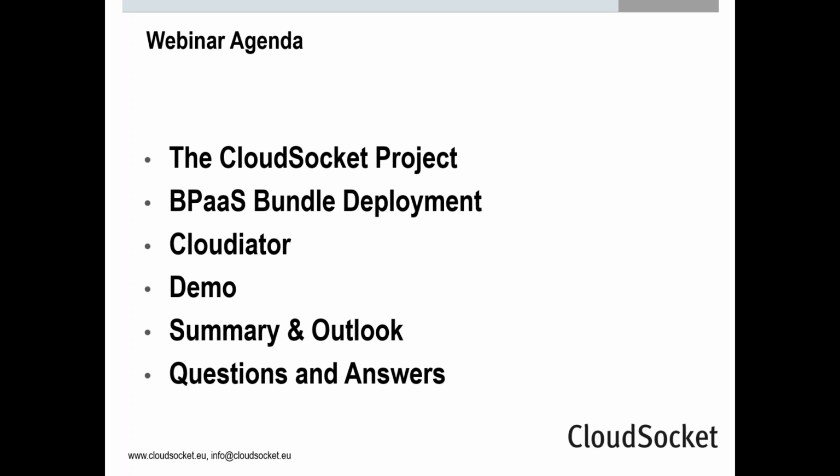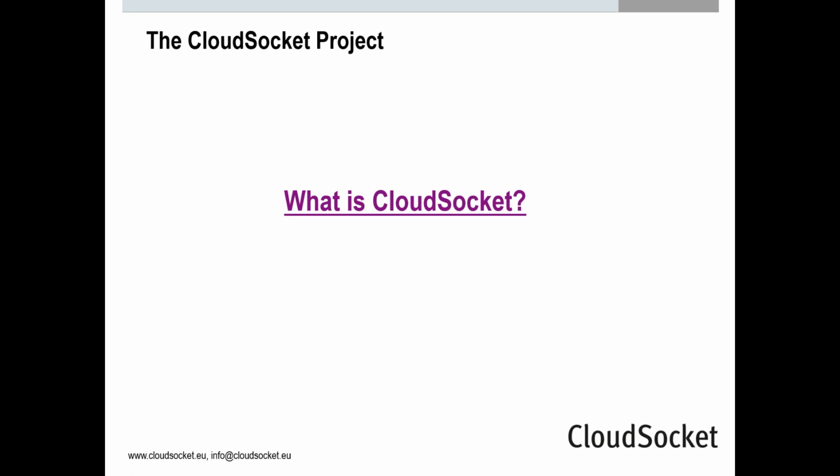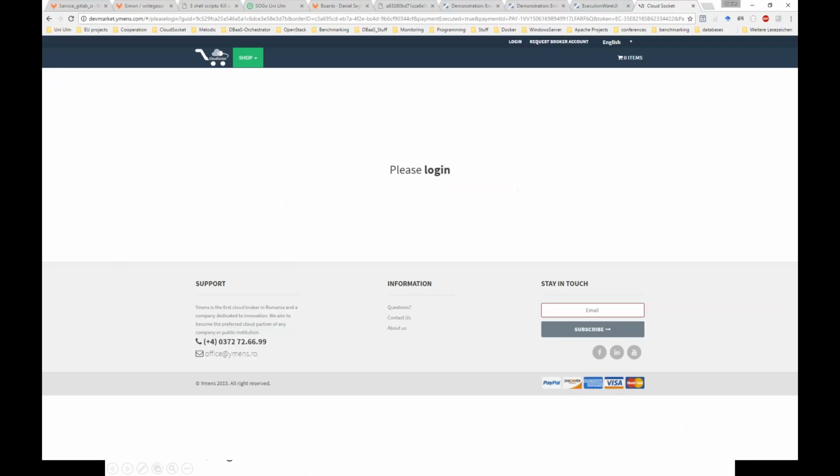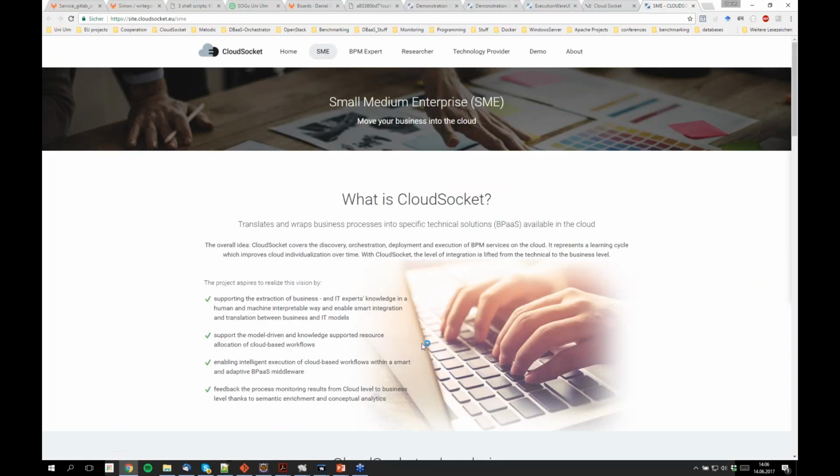So to start with, the CloudSocket project. What is the CloudSocket project? Therefore, we will have a short look at the CloudSocket webpage, which was released in a new design recently. So here you can see the CloudSocket project basically translates and wraps business processes into specific technical solutions, so-called BPaaS bundles, which are available and executable in the cloud.